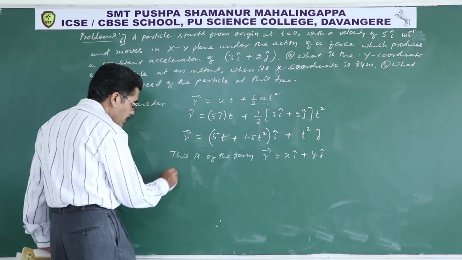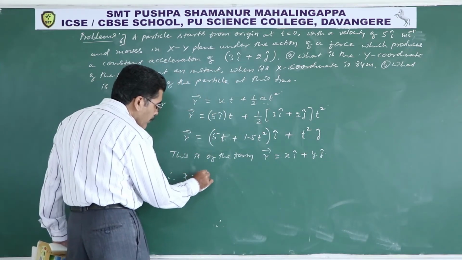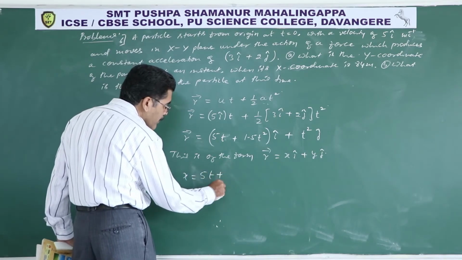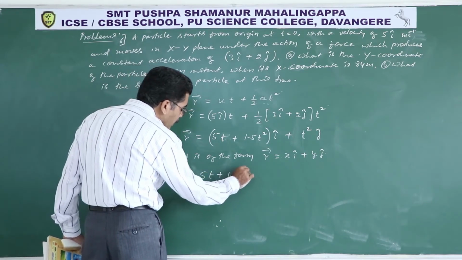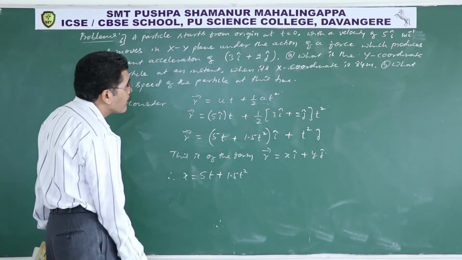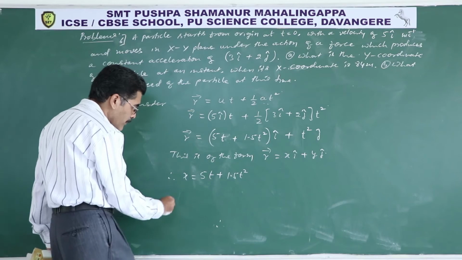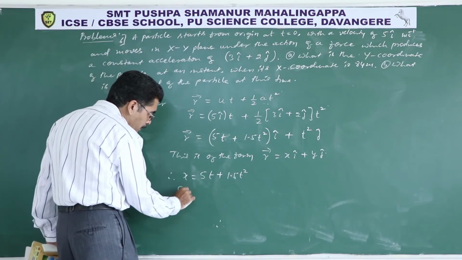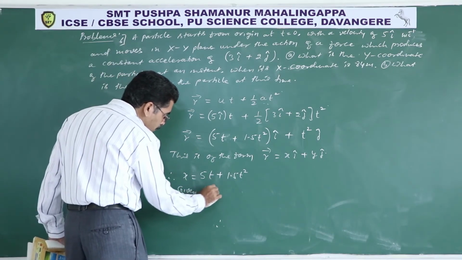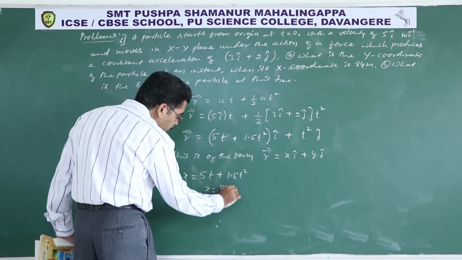Therefore x is equal to 5t plus 1.5 t square. They have given x component is 84, x is equal to 84 meter.